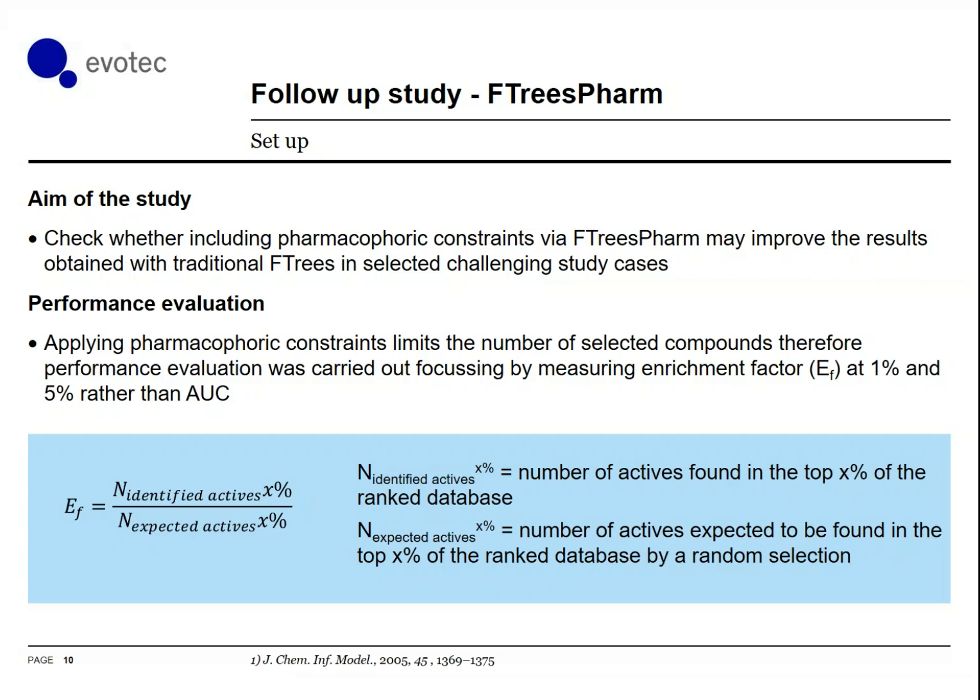And to cope with this problem, I have switched to enrichment factor calculated at 1 and 5% of the ranked database, which basically is telling us how many folds more actives are found at that specific stage of the ranked database with respect to an ideal random selection.